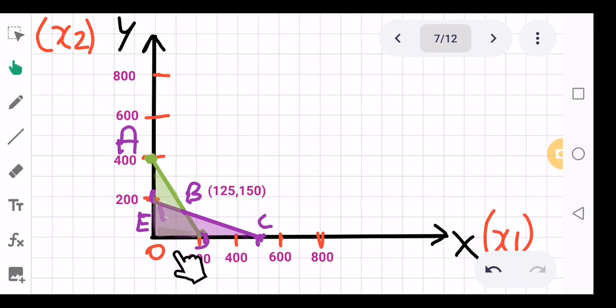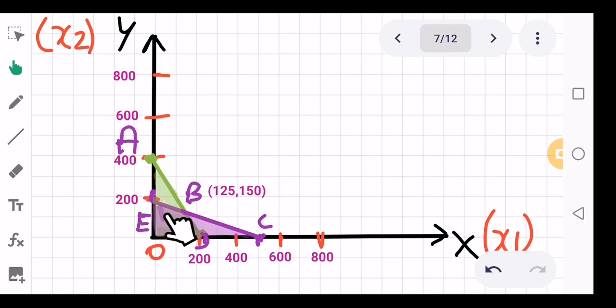If this is 100 and this line is 200, in between will be 150, but this point is coming a little before 150, so it is 125. If you plot it in a proper graph, you'll get this.